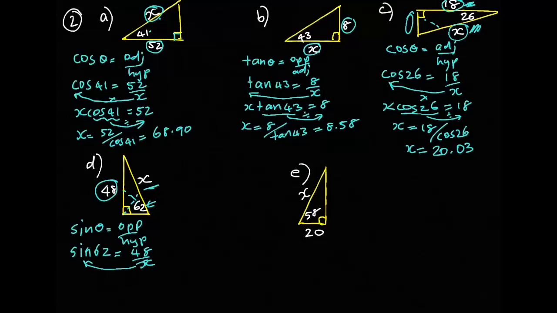Bring the x over to multiply. x sine 62 equals 48. Bring the sine 62 over to divide. So x equals 48 on sine 62, which equals 54.36.